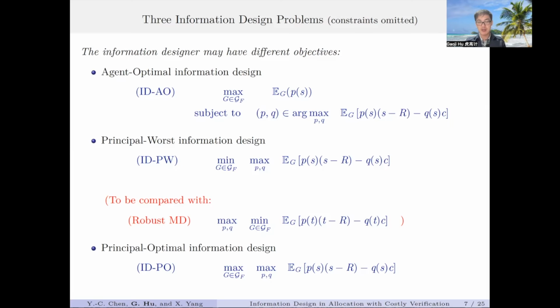So one of them is the min-max problem, and the other is the max-min problem. And the third information design problem we are going to consider is the principal optimal information design. So the designer chooses a signal distribution G to maximize the principal's payoff from the optimal mechanism. So three information design problems to be solved.